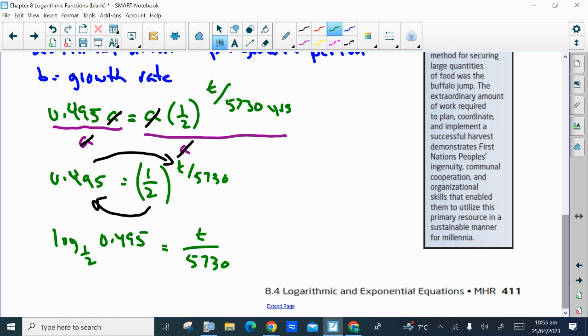So the time will have to be a little bit greater than 5730. Let's get that answer by multiplying both sides by 5730. To get t by itself, you multiply both sides by 5730, which gives you 5730 times log base 1/2 of 0.495.